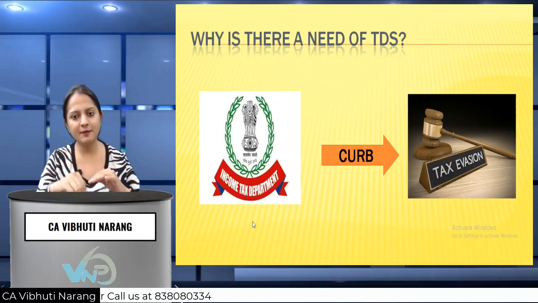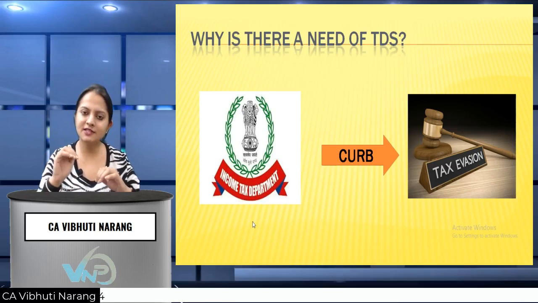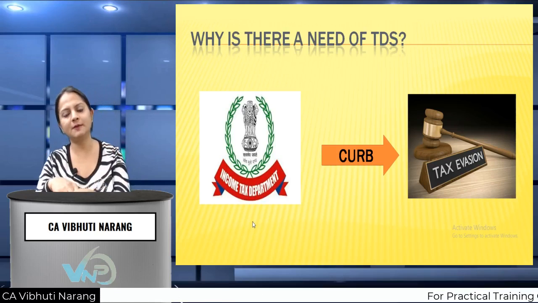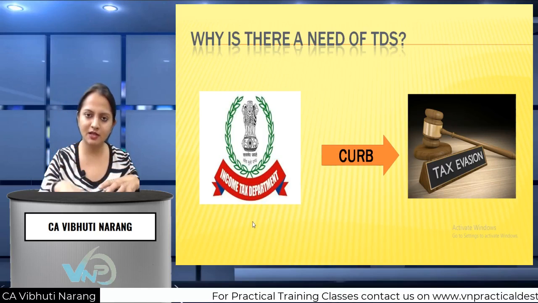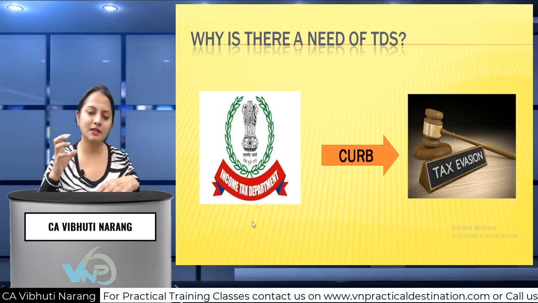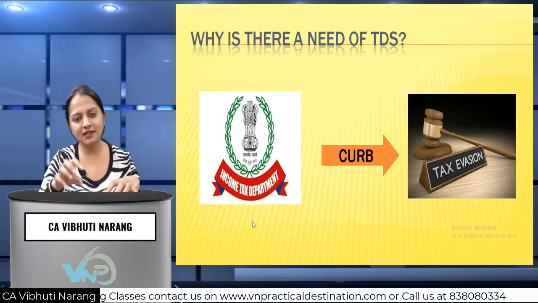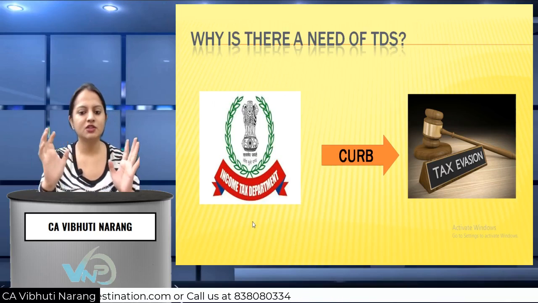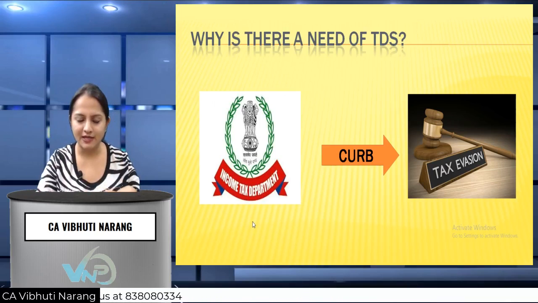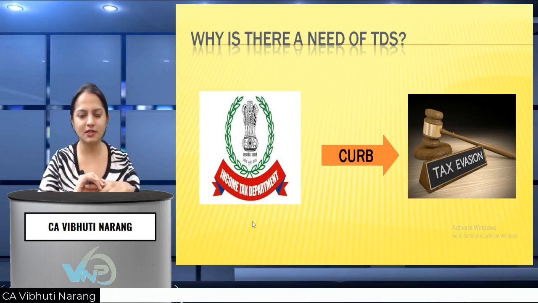So in the name itself, the tax is deducted when the source of income is generated. It means when you are making the payment, the Income Tax Department has come up with a concept in which tax will be deducted at the time of generation of the income. Just to curb tax evasion, the tax deducted at source concept was introduced by the government.